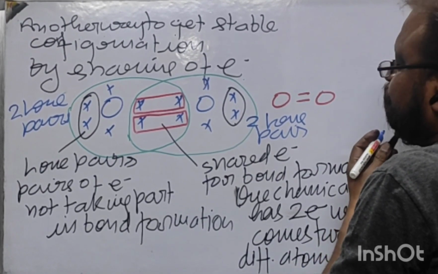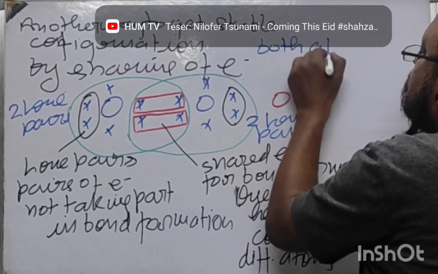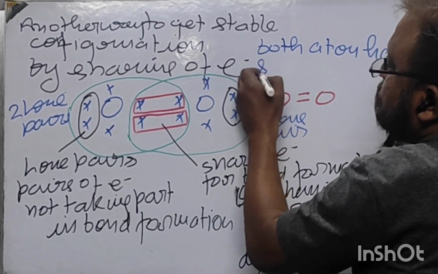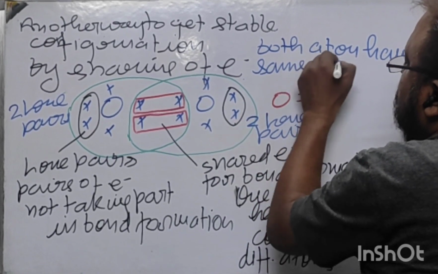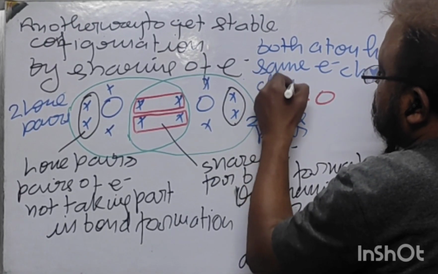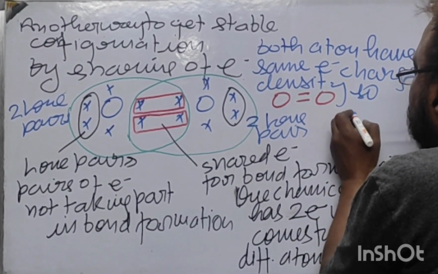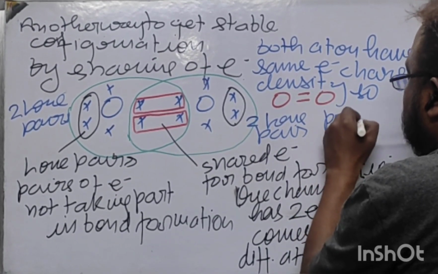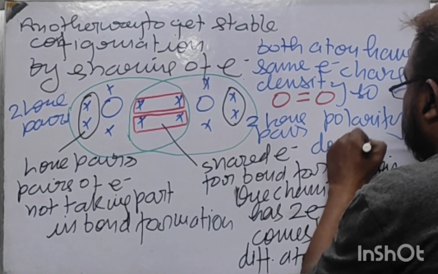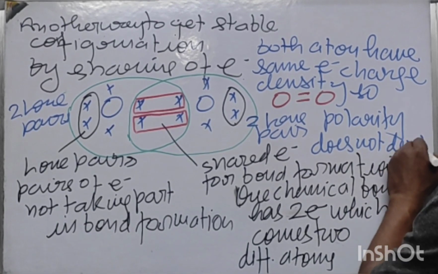So both atoms have the same electron charge density. So polarity does not develop, right?